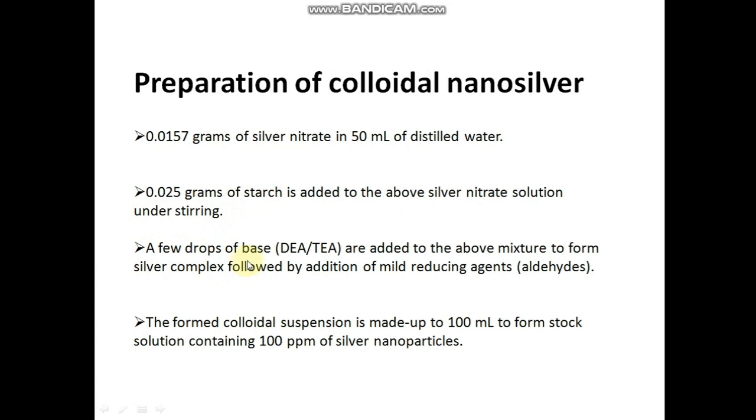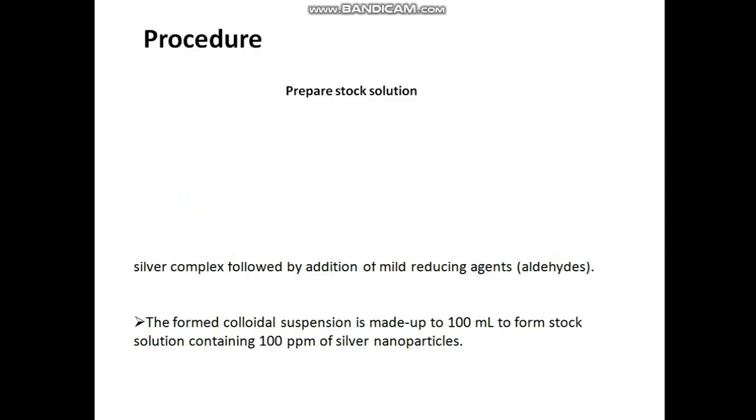A few drops of base, diethanolamine or triethanolamine, are added to the above mixture, followed by addition of reducing agents. The formed colloidal suspension is made up to 100 ml to form the stock solution. Now the stock solution is prepared. Its concentration is 100 ppm. So this is our first step, to prepare the silver nanoparticle stock solution.